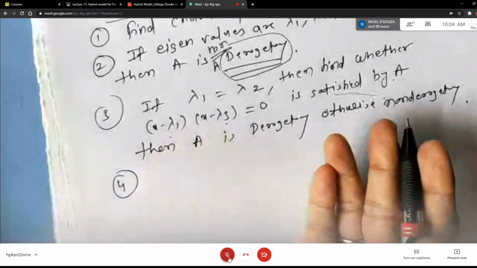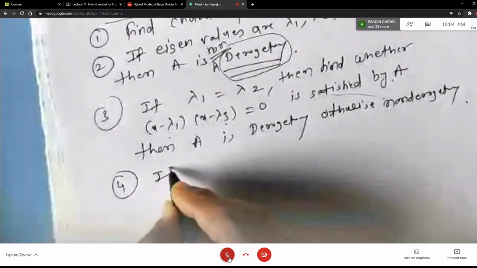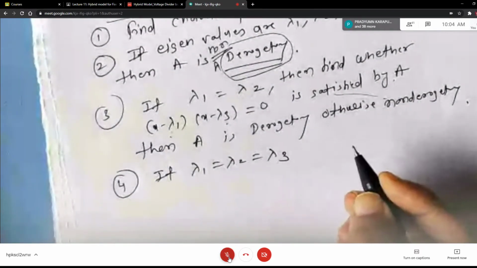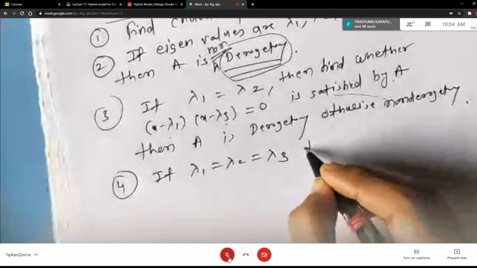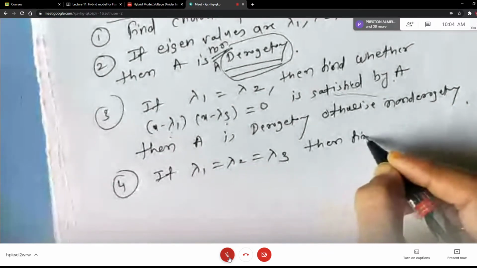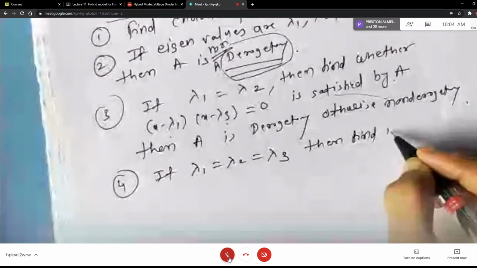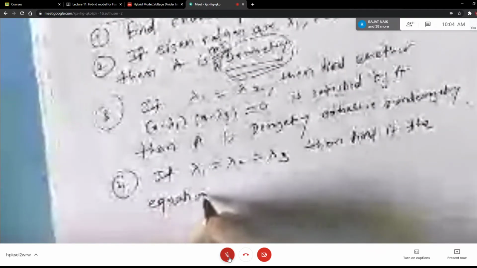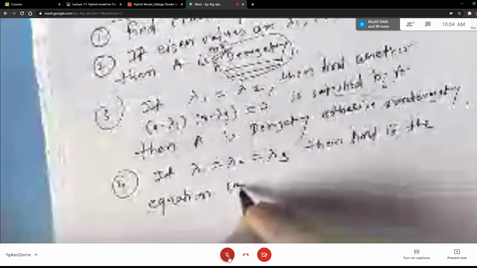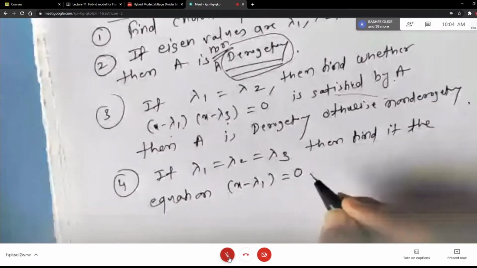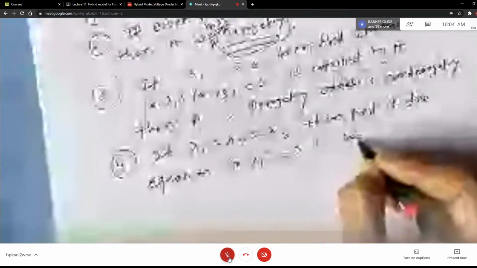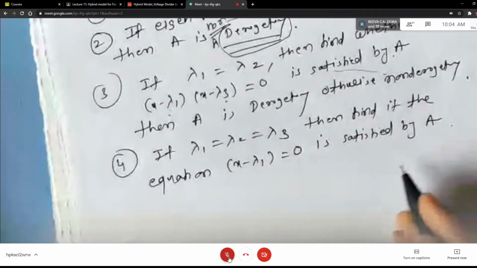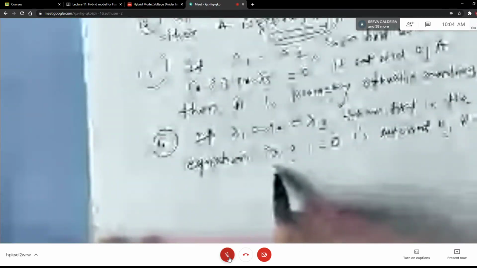All three eigenvalues the same, right? So if lambda 1 is equal to lambda 2 is equal to lambda 3, then find if the equation x minus lambda 1 is equal to 0 is satisfied by matrix A. Why only one factor am I taking, students, x minus lambda 1?